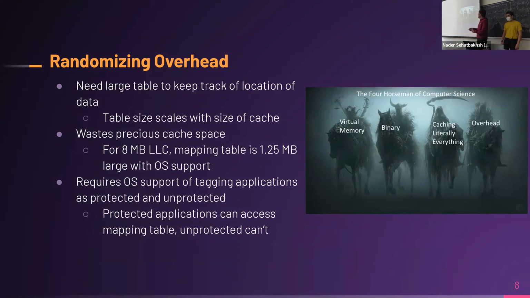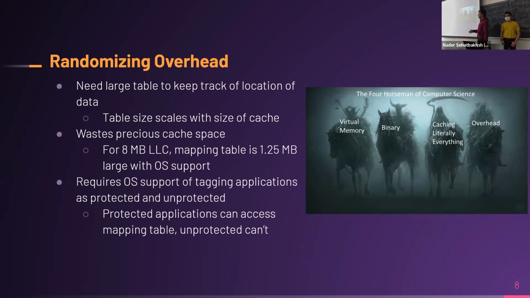Even with operating system support, you'd be wasting about 1.25 megabytes with this table for an 8 megabyte last level cache, usually the L3 cache. That's pretty huge, and like I said, cache is expensive and we don't have very much of it, so we don't want to use that much of it for this. Again, this assumes operating system support.